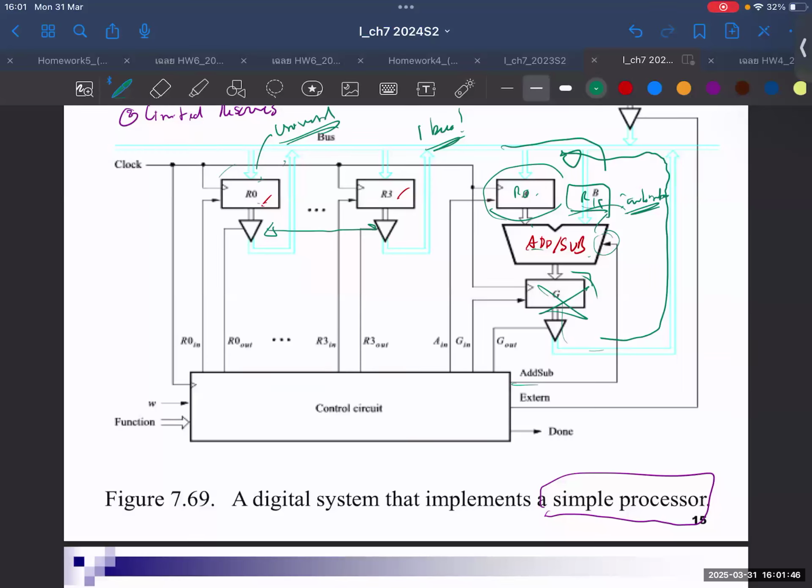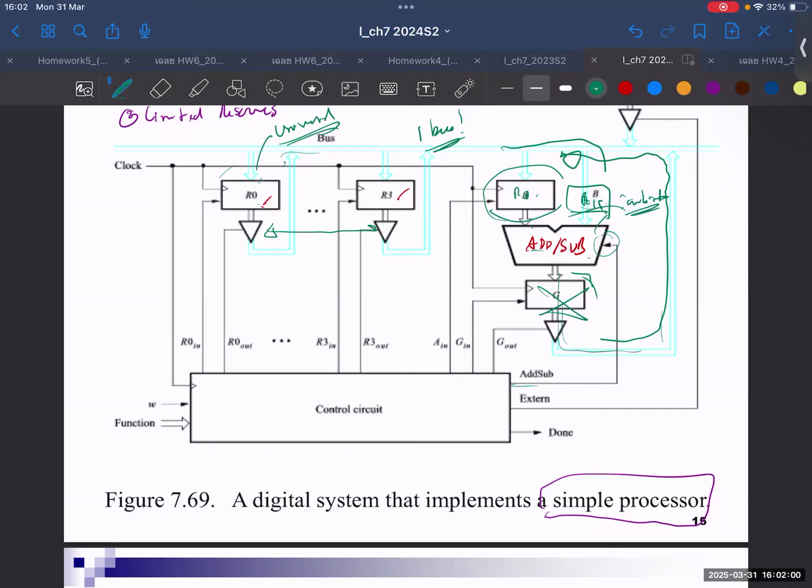Because if you put a register here, then the first cycle you load R0, the next cycle you load R1. Then you have both operands, right? Then when the output comes out, the bus is free because now the bus is not used anymore. Then you don't need G at the output. You see, that's the choice of what you need. And once you change it, then the algorithm will be changed and the control signals will be changed. Okay, so this is the option. Okay, understand? All right?